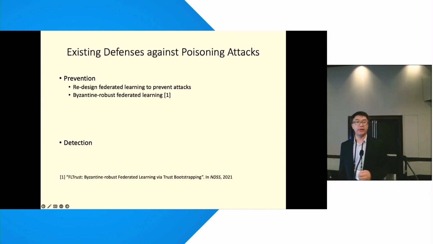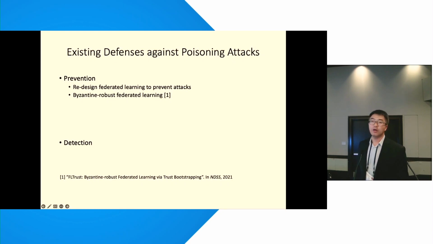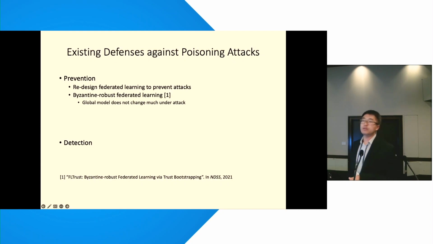One category of prevention methods is known as Byzantine robust federated learning, which uses Byzantine robust aggregation rules instead of the mean aggregation rule in FedAverage. Under some assumptions, these methods can guarantee that the global model does not change much when some clients become malicious and perform poisoning attacks.